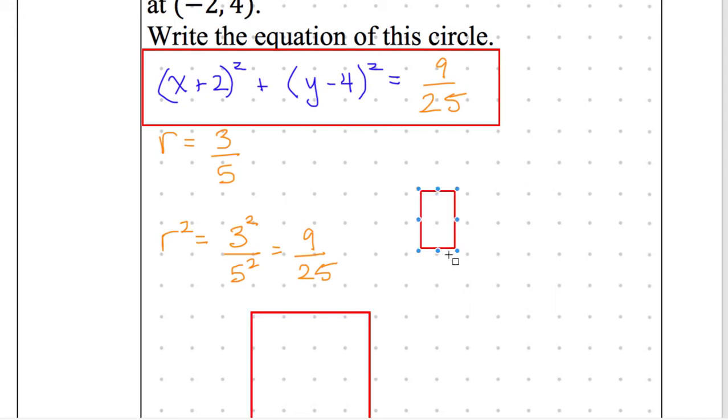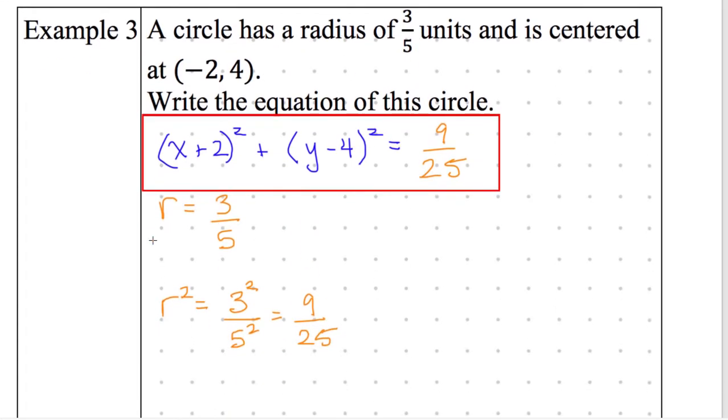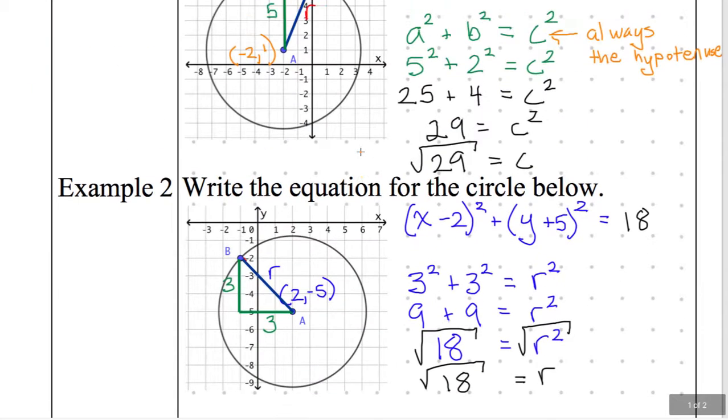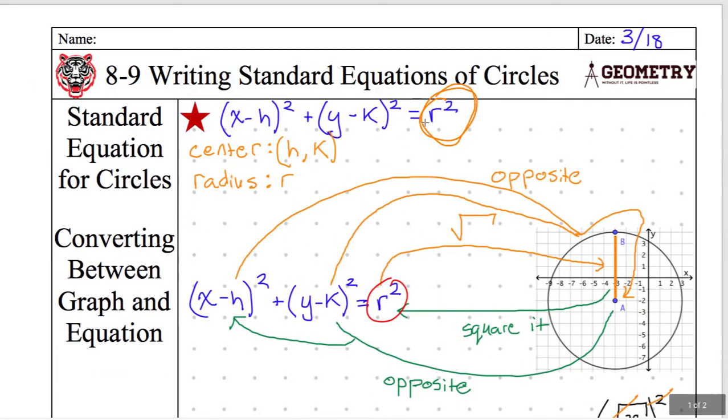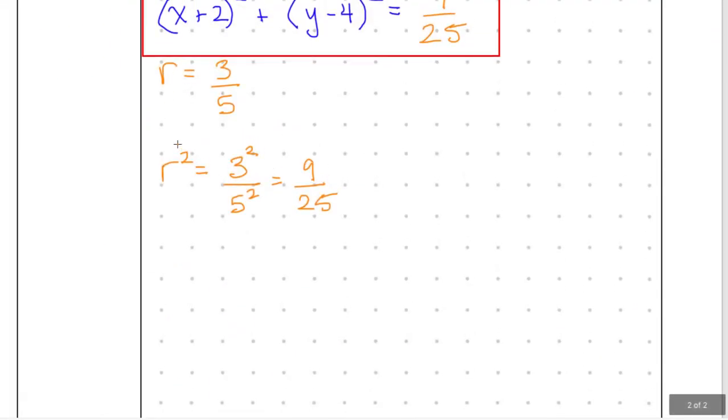So I got 9 over 25 by finding that the radius is 3/5. So I said r equals 3/5. Well, I don't want r. I want r squared because r squared is the number that really goes on the right-hand side. So in order to get from r to r squared, I have to square it. If I'm squaring the left, I also have to square the right.